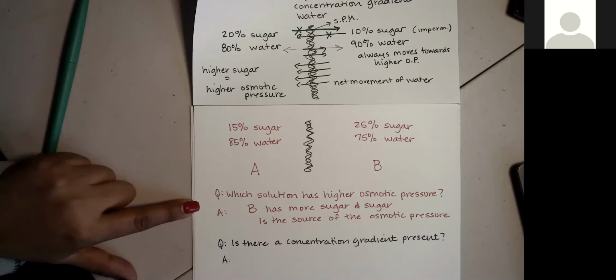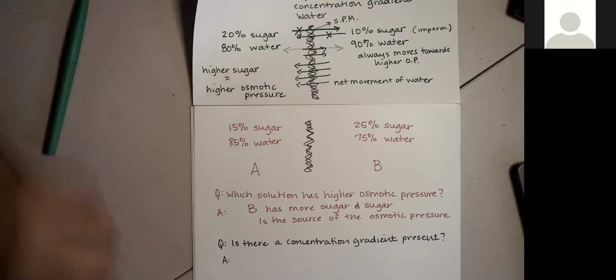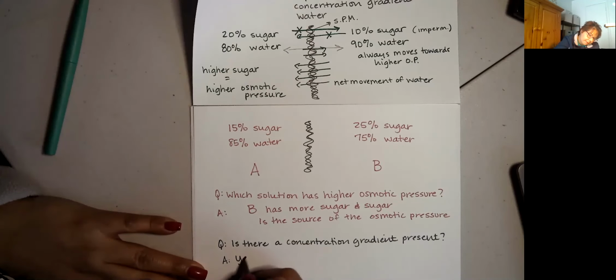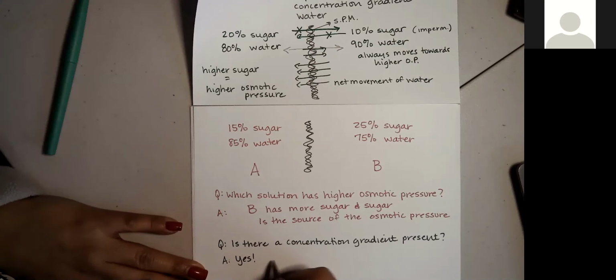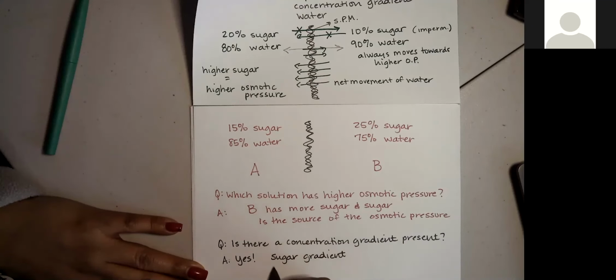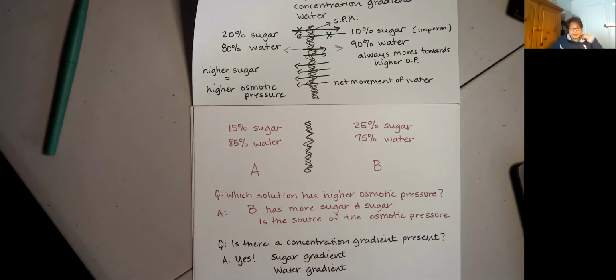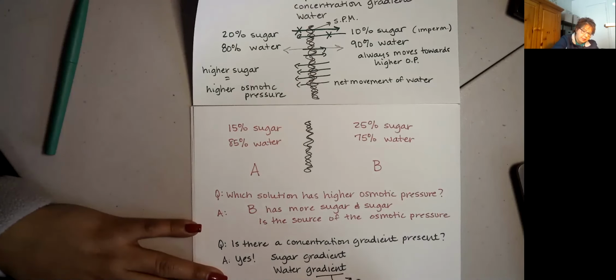One is for the sugar, and one is water. Yes, there is a sugar gradient, and then there's a water gradient. Remember, the word gradient just means there's a difference in concentrations or how much is present.